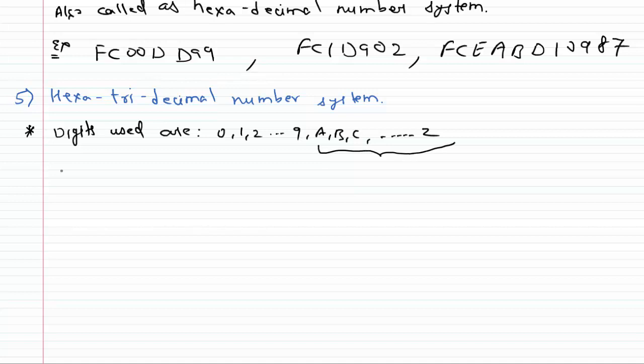The total count of digits in this number system is 36. So that's why we call it radix 36 or base 36 number system.